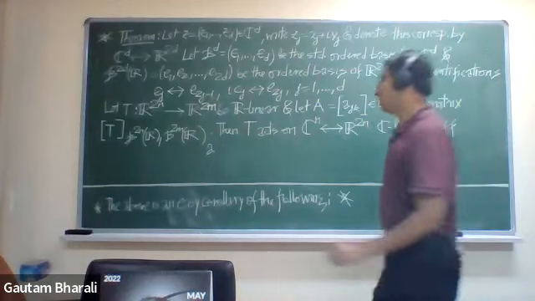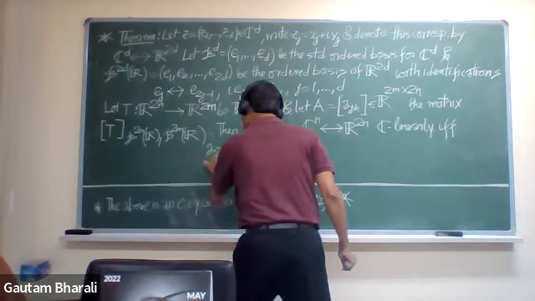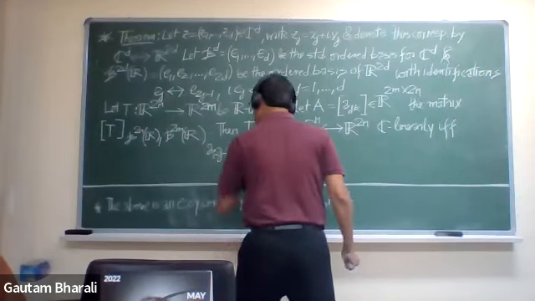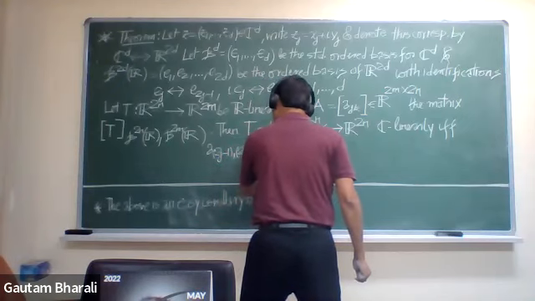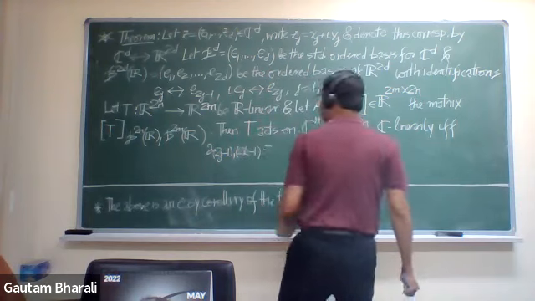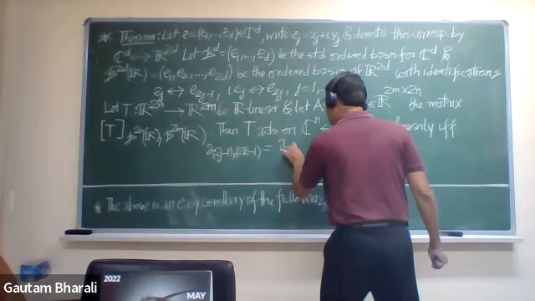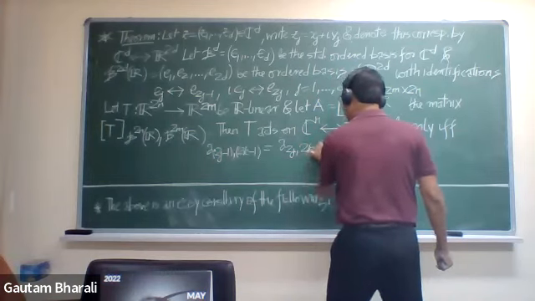Let's be careful now. A sub 2j minus 1, comma 2k minus 1 is equal to A sub 2j, 2k.